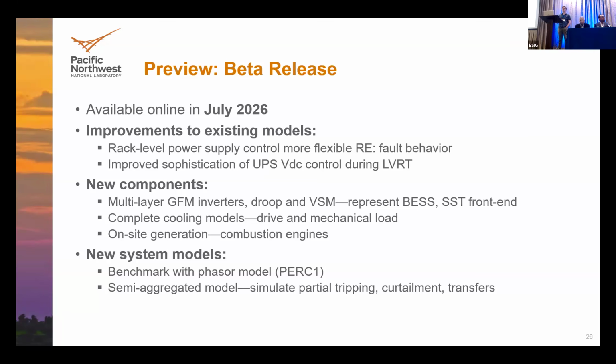We'll also be showing how to line those up with the Phasor model, and then starting to break out the model a little bit more for people who might want to use it, the models for more plant level studies.